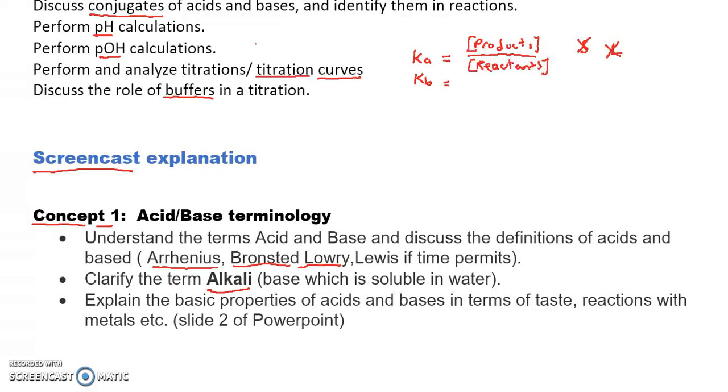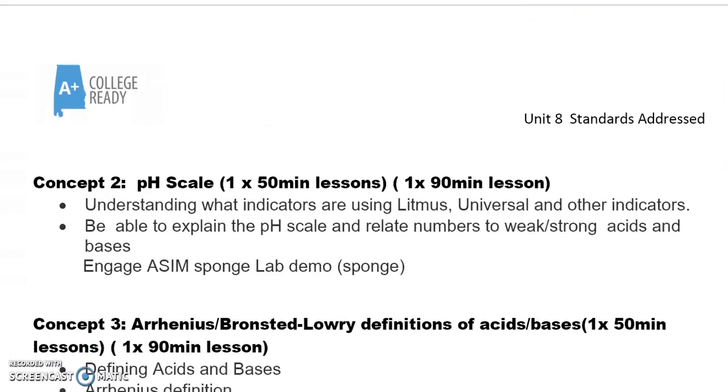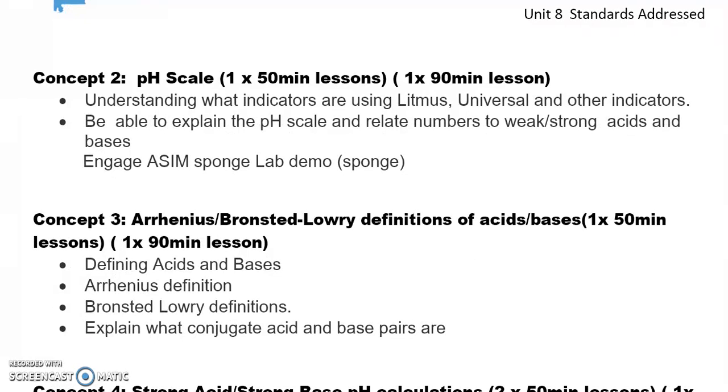So if we go to the next one, which is concept number 2, and then after that number 3, if we just go through these, I've tried to keep this basic and simple. So what I've done is I'll just put down all the main points. So when you talk about the pH scale, tend to use the Litmus Indicator as the very basic one initially to start off with.